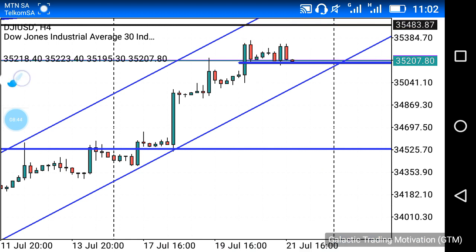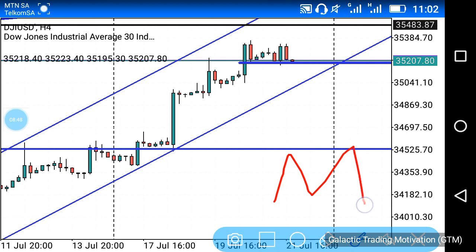Why do I say so? That is because, guys, remember, whenever we have these M structures, what also happens normally is that a lot of traders and investors sell on the second leg of that structure, and they just place their stop losses just above.